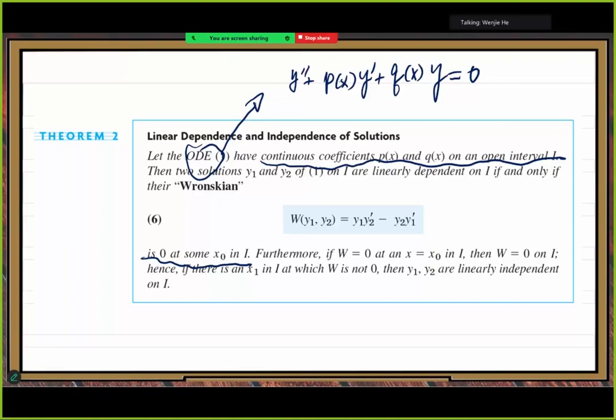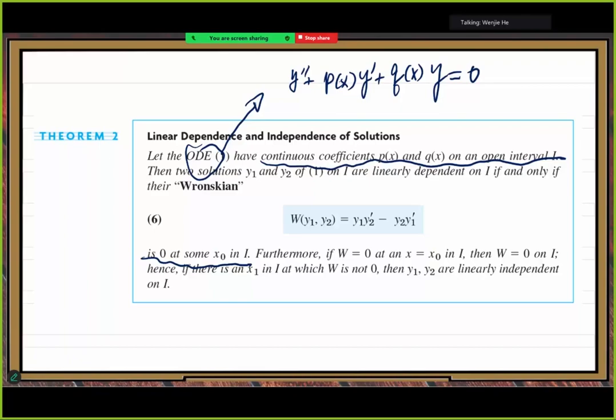Under a normal situation, it won't be true. Why is it true here? Because y1, y2 are both solutions of this homogeneous linear second order ODE system. That's important. We need to use that condition.